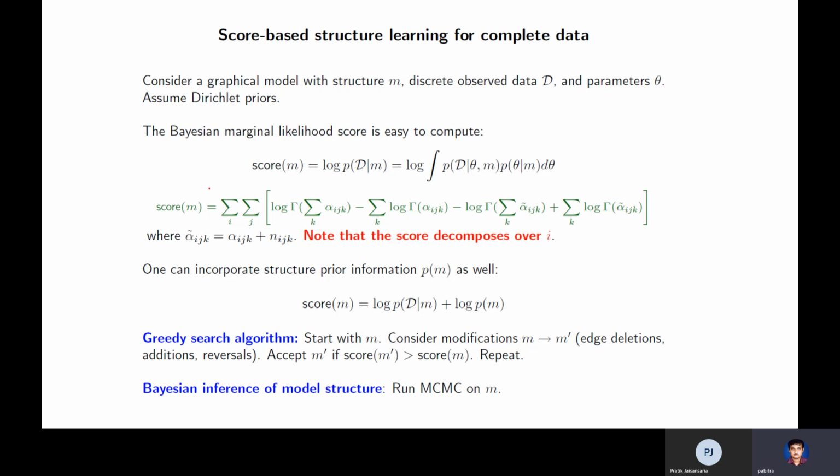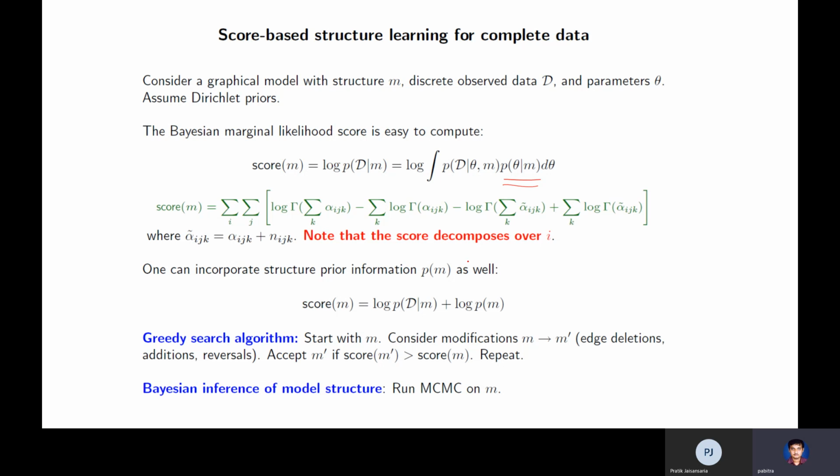Often what is done is that you assume some Dirichlet prior on the parameters given the model. You find the Dirichlet parameters, alpha being the Dirichlet parameters, and you can compute this and write down your score as well.